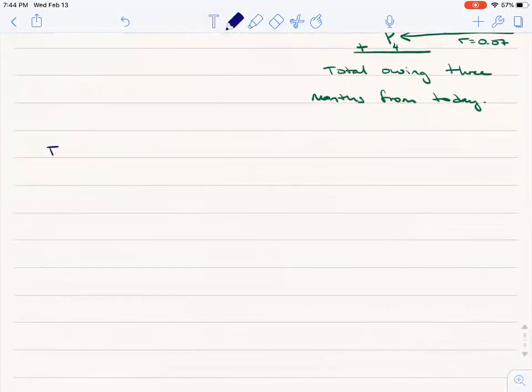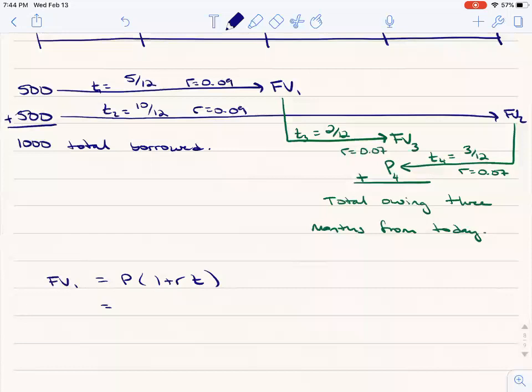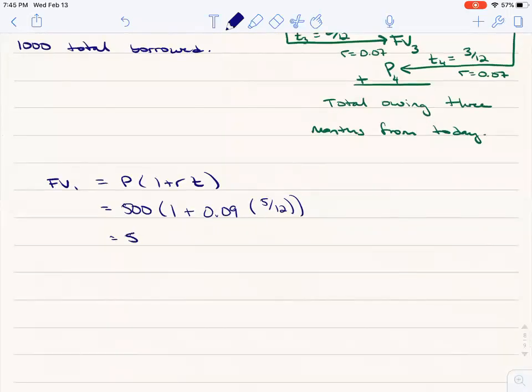So first we're going to find future value 1, which is P times 1 plus RT. P is 500 times 1 plus R, which is 0.09, times T, which is 5/12. I've got them here, so that's 518.75.